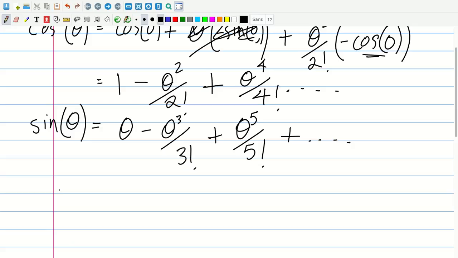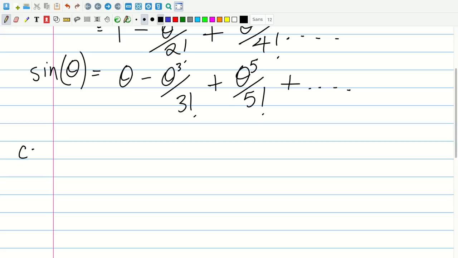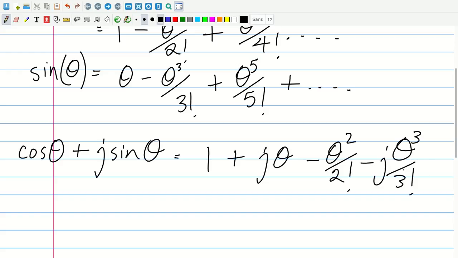Now, what happens is if you add these two together in this specific combination, you end up getting 1 plus j theta minus theta squared over 2 factorial minus j theta cubed over 3 factorial plus theta to the 4 over 4 factorial.